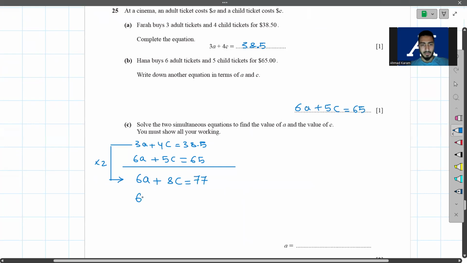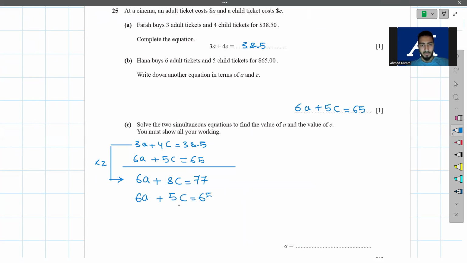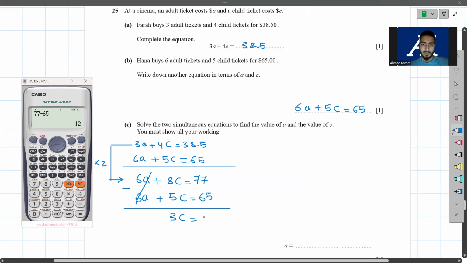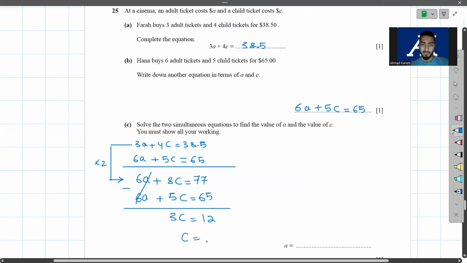Second equation as it is, 65. Same sign for the same coefficient, so subtract the two equations to eliminate. So this is 3C equals 77 minus 65, 12. So C equals 4.